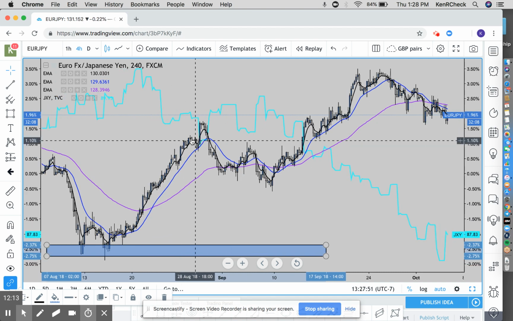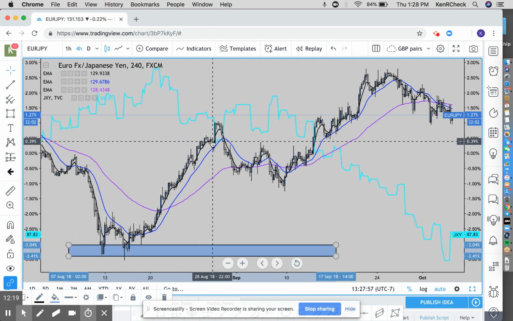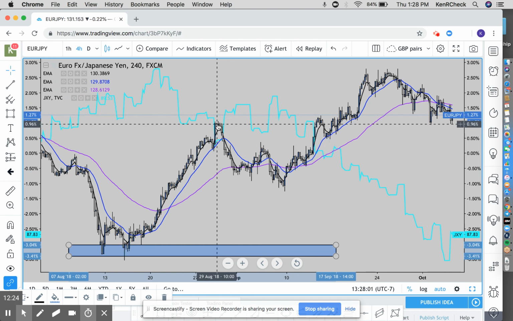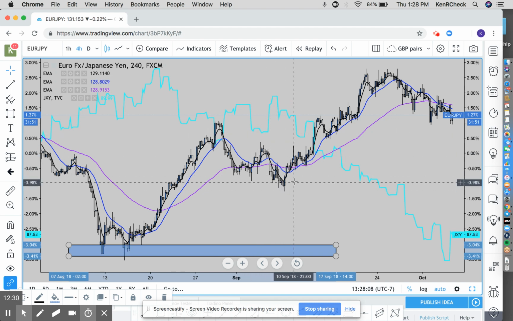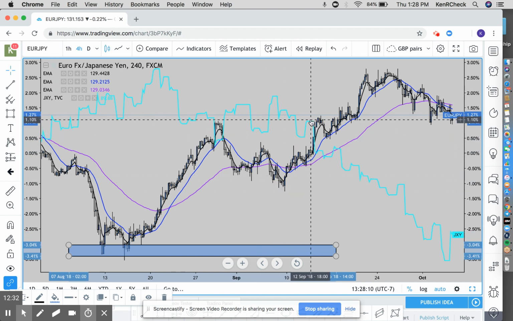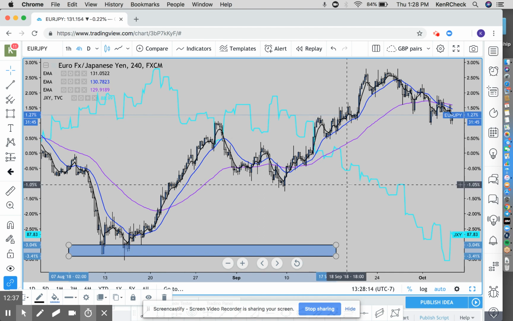It's giving you a nice inverted head and shoulders on the Japanese yen currency index, but you see it is doing the complete opposite on EJ. So it continues to come down. It does the opposite again, comes down. Once EJ begins going up, the Japanese yen is going down.